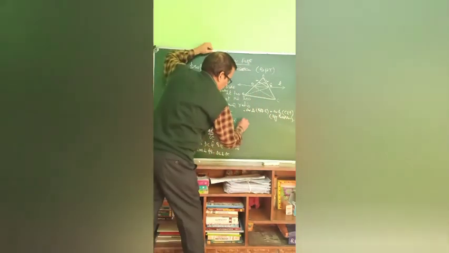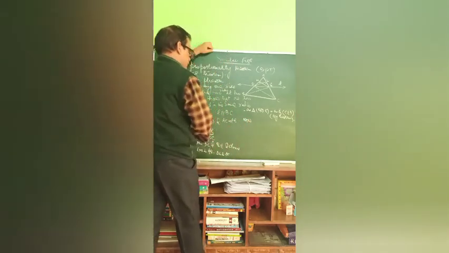Now we will make the ratio of the areas of two triangles.